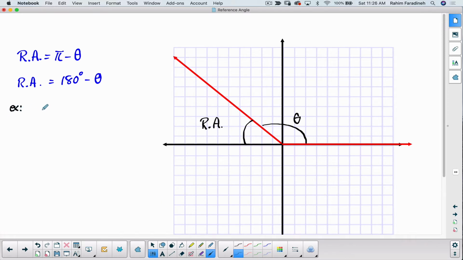So for example, if theta is 150 degrees, that would be in the second quadrant. So the reference angle will be 180 degrees minus 150 degrees, and that would be 30 degrees.